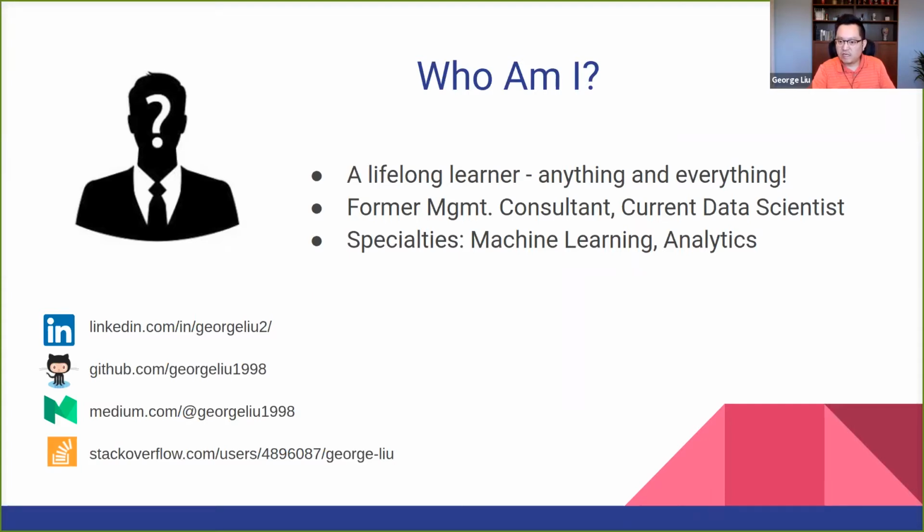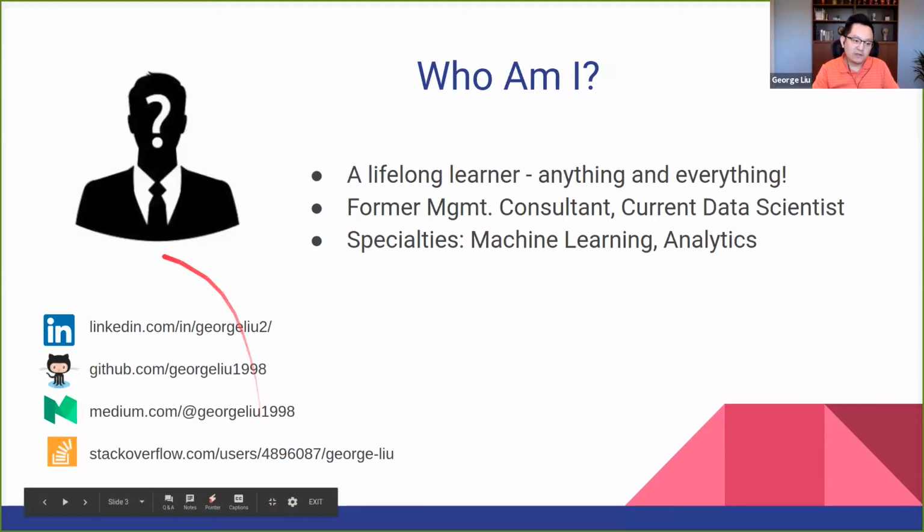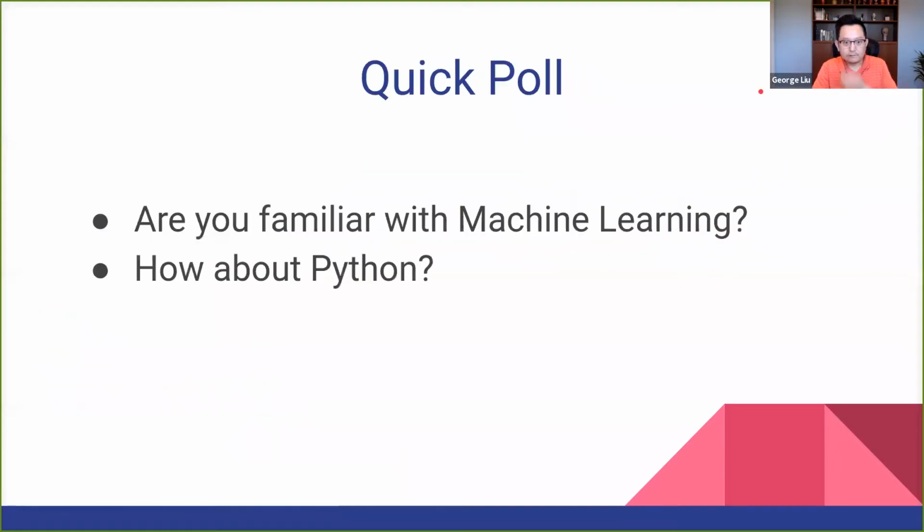The other specialty area is analytics, so basically pulling data from databases and building dashboards and so on. That's a quick overview of who I am. You have all my contact information across different social platforms, so feel free to connect with me, and we'll go from there. All right, so that's who I am.